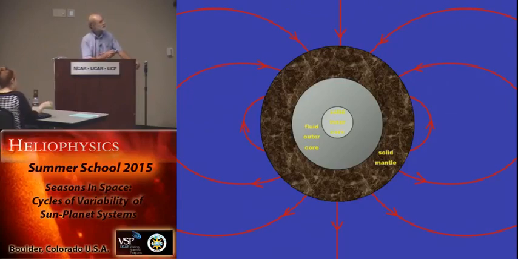So when you're studying convection in the core, you assume the mantle is a solid, not moving. You also assume it's a perfect insulator. It really isn't, but the electrical conductivity in the mantle is very small compared to what it is in the core. So the approximation usually made is that this is an insulator.